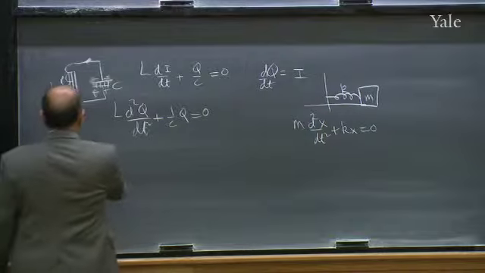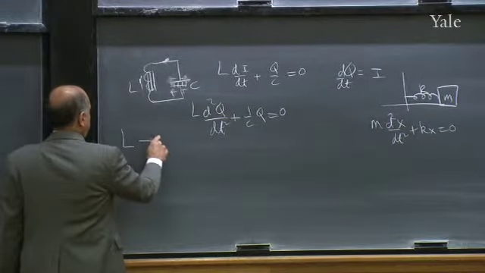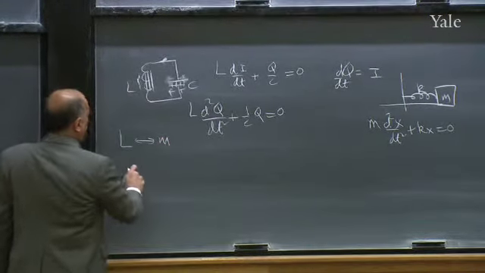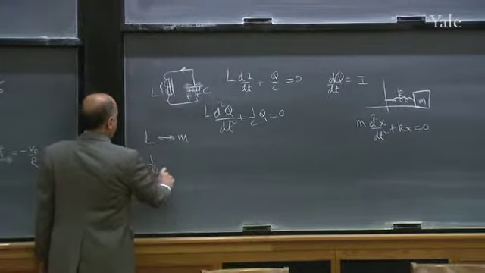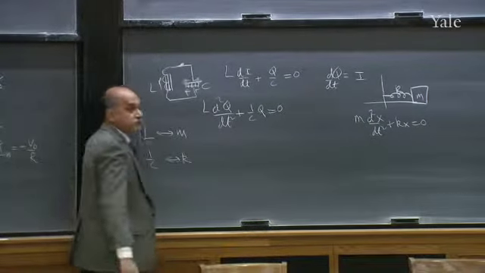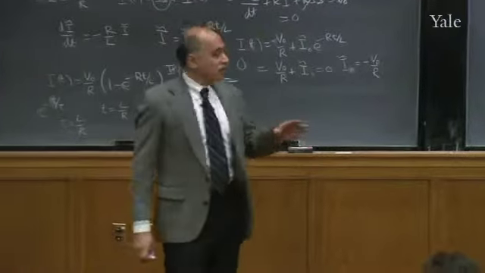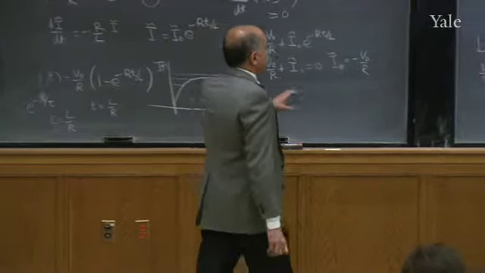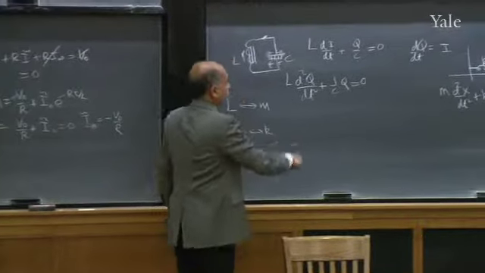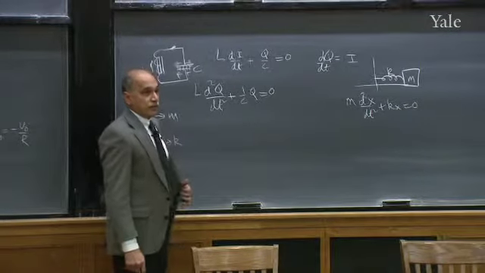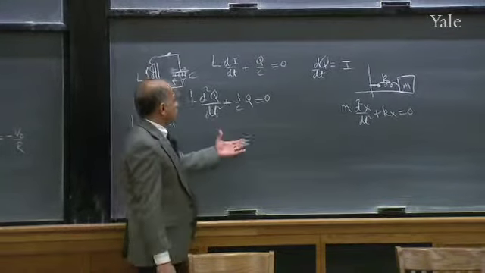And L, this is an SAT question: L is to m what 1 over C is to k. It's very useful to bear in mind this analogy, because mathematically, this equation and this equation have exactly the same solution. It's no more difficult to solve this one than that one.